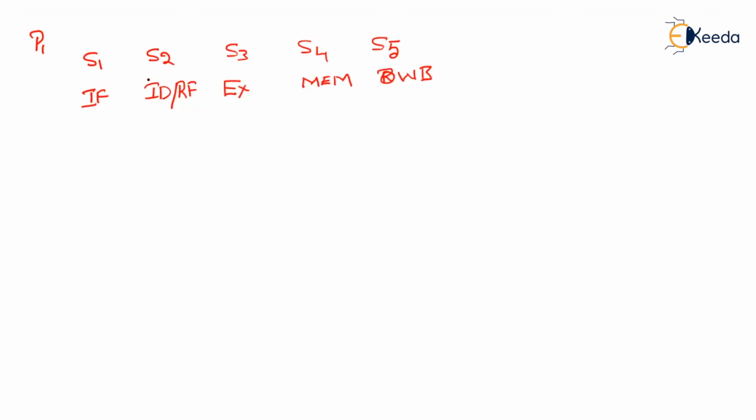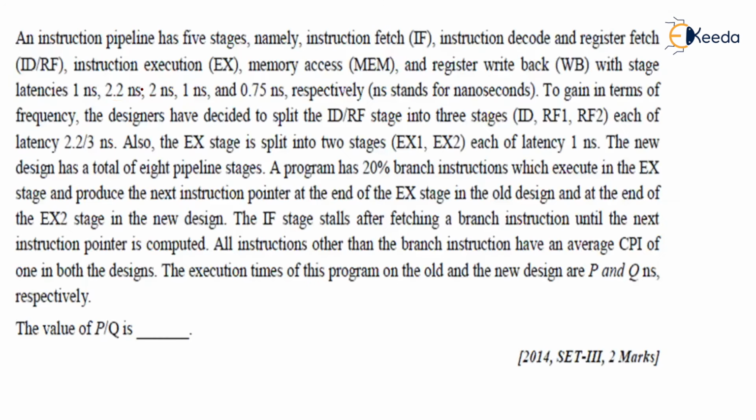These are the 5 stages with the latencies 1, 2.2, 2, 1, 0.75.